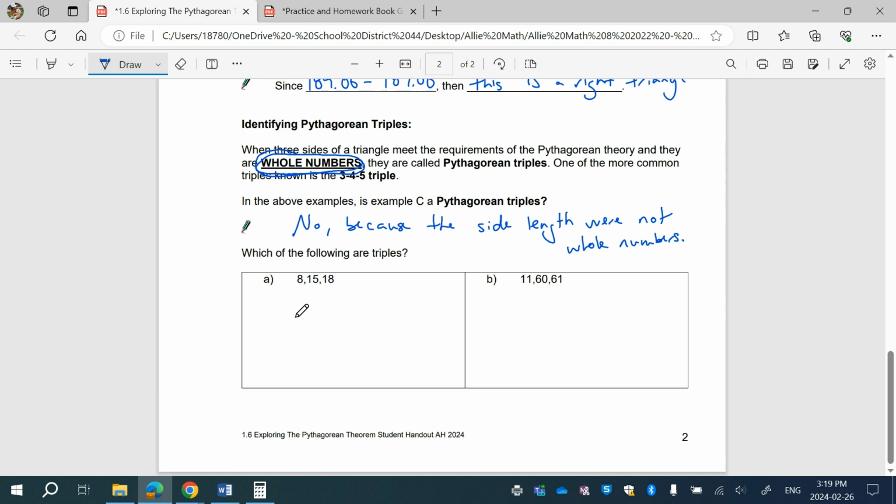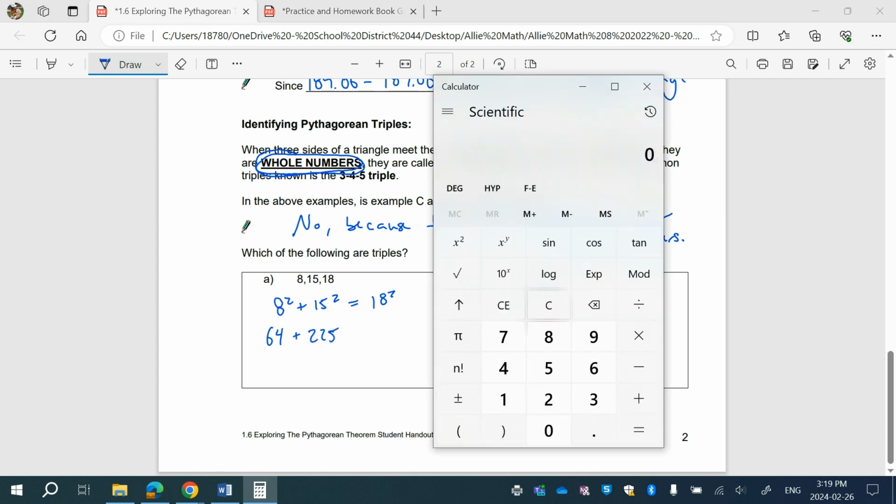So let's see which of the following are triples. They are a triple if 8 squared plus 15 squared equals 18 squared. Let's see if that's true. 8 squared is 64 plus 15 squared is 225. I'm pretty sure I can check. Yep. Does that equal 18 squared, which is 324?